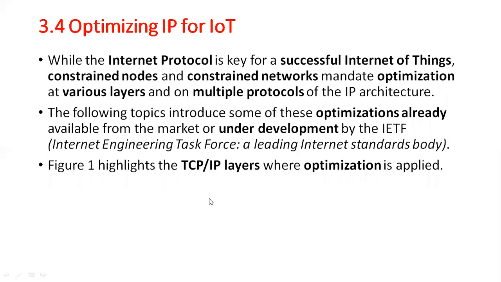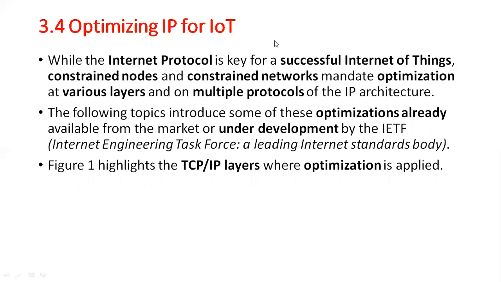Now we will move to the next topic, which is also a main and very important topic: optimizing IP for IoT. In the beginning I told you what we are going to optimize here. We are going to optimize, or improvise, or update the Internet Protocol, which is called a network layer protocol. And particularly here, we are using this IP for which technology? We are using this IP for IoT.